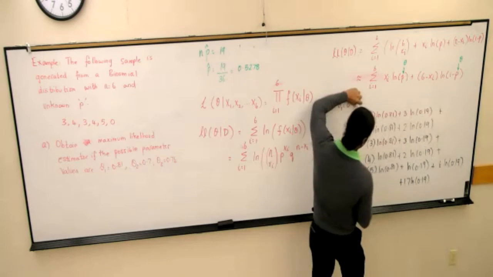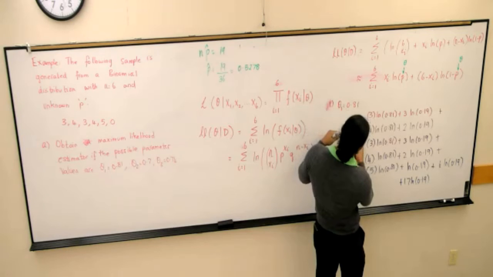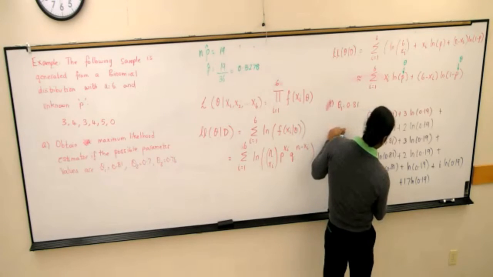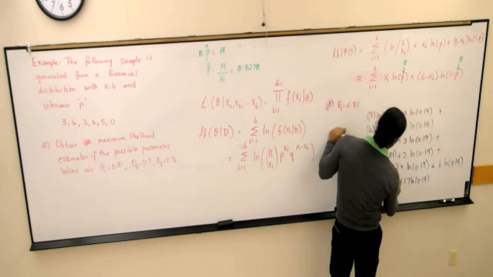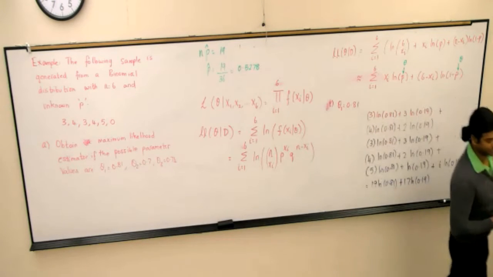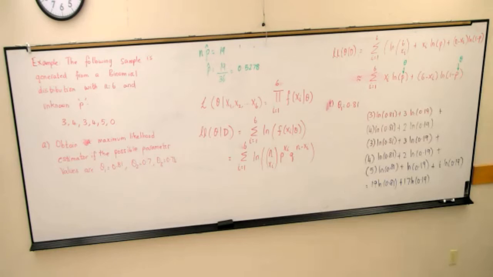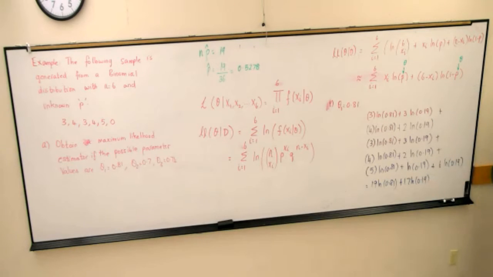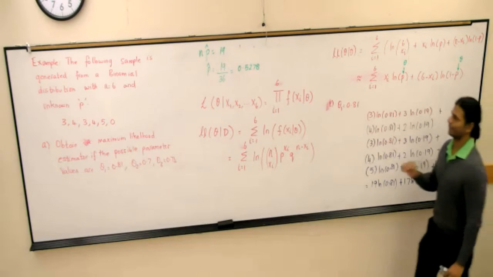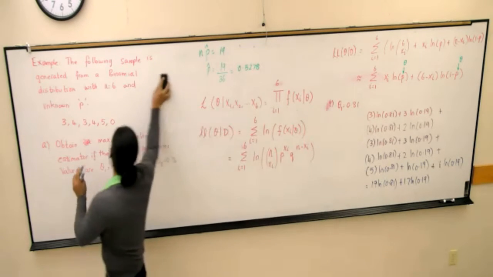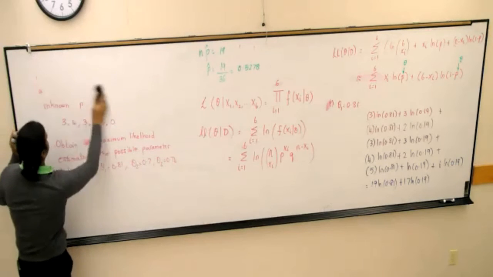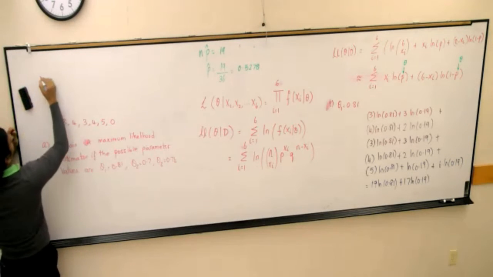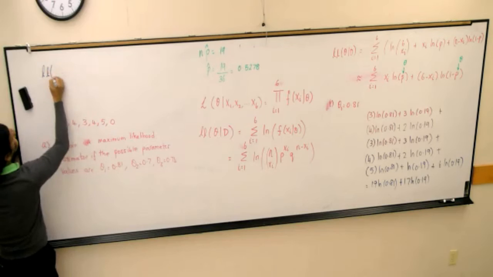And over here we'll have 5, 9, 12, 16, 19 of ln of 0.81. If you put in the other theta values, would the 19 and the 17 change? No.